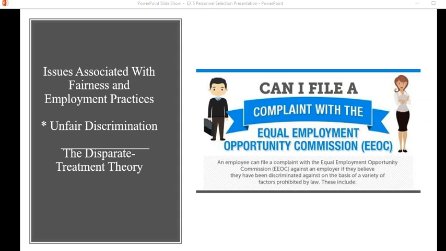There can be mixed motive cases that often rely on both direct evidence of the intention to discriminate. Adverse impact discrimination occurs when identical standards or procedures are applied to everyone, despite the fact that they lead to substantial differences in employment outcomes, such as selection, promotion, and layoffs. All these are in accordance with the Equal Employment Opportunity Commission, the EEOC, where the plaintiff has 180 days to file a complaint.